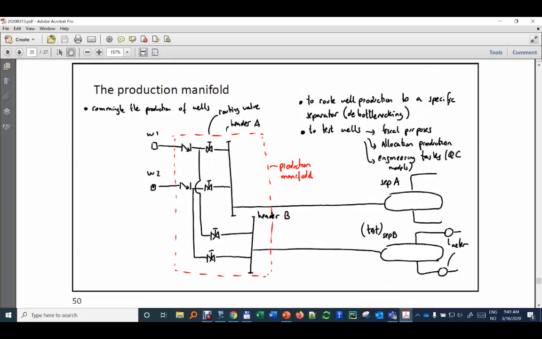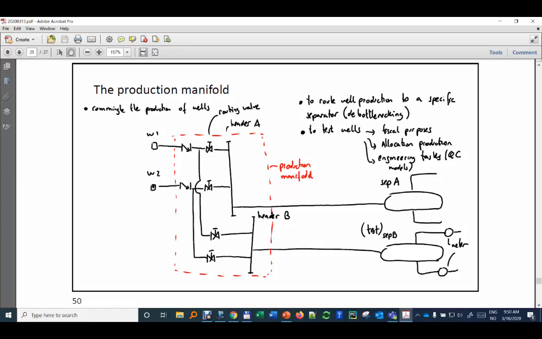Then we went into the production manifold, and we went to the case of what happens onshore. And onshore, the production manifold is this structure that we draw here that simply commingles the production. Here I'm taking production of well 1 and well 2 to a common header. For that, I usually have a non-return valve or a check valve, and then I have a routing valve that is either open or closed.